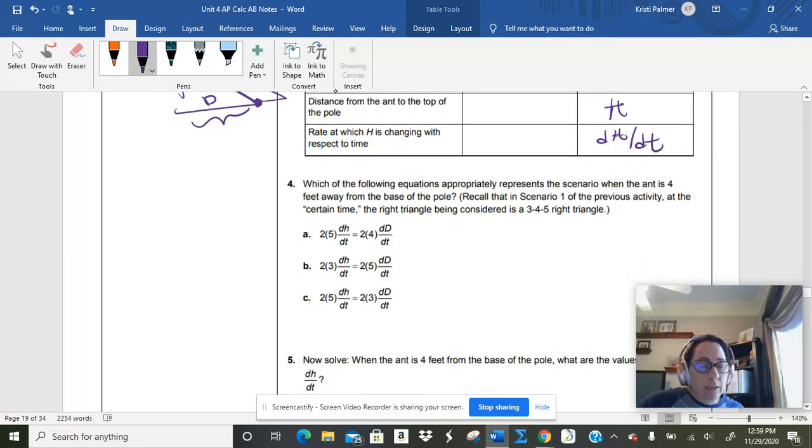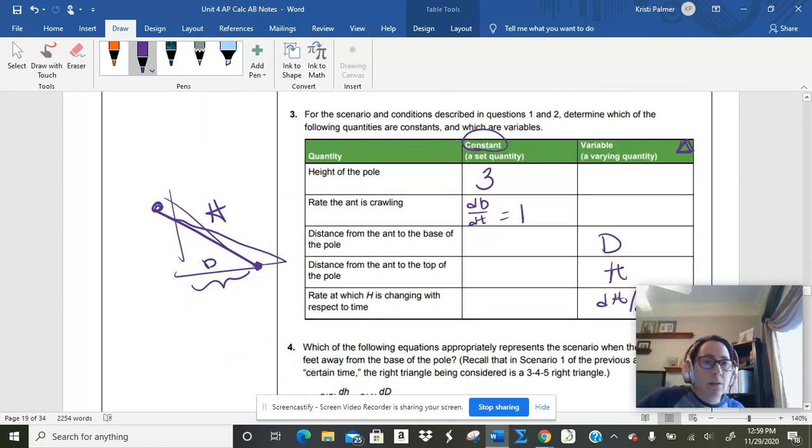So, looking at these now, which of the following equations appropriately represents the scenario when the ant is 4 feet away from the base of the pole? If you remember, they told me that this was a 3, and now they're saying this is a 4. This is a right triangle, so what does that have to be if I have a 3, 4, 5? We've got to know those Pythagorean triples.